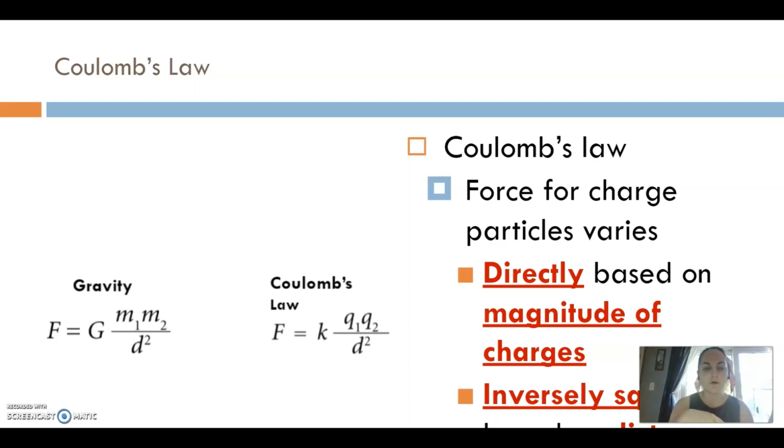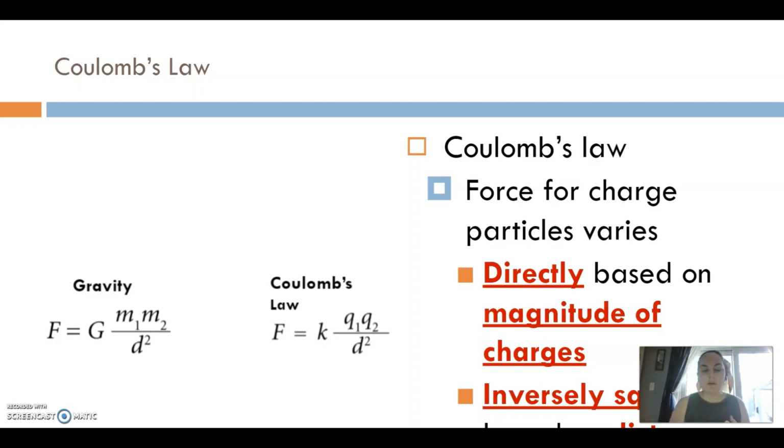So what this means is that the electrical force is going to directly increase if you increase your charge values. It's going to directly decrease if you decrease your charge values. If you were to increase the separation between your charges, there's going to be a decrease in that electrical force. If you were to decrease that distance, then there's going to be an increase in your electrical force. So it's inversely proportional there, and it's also inversely proportional to the square.